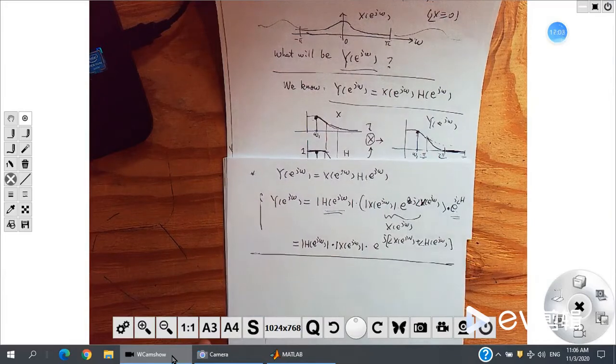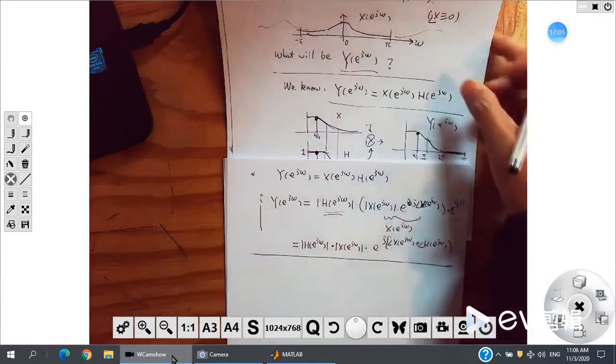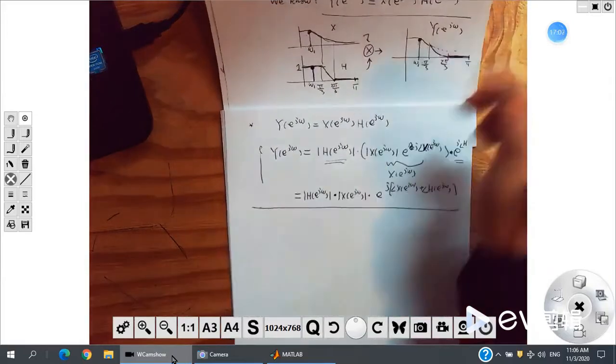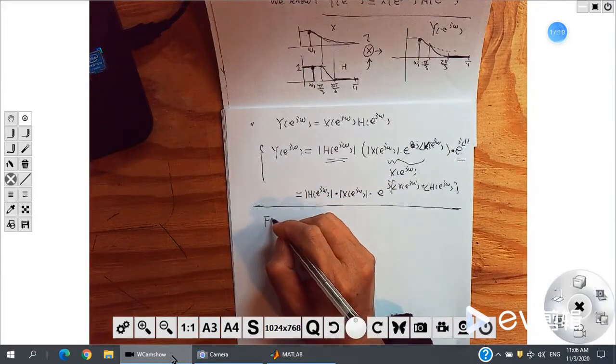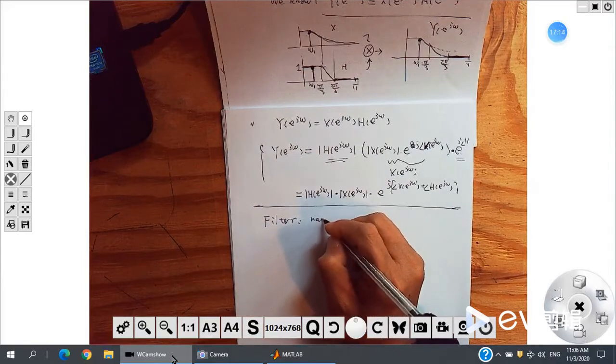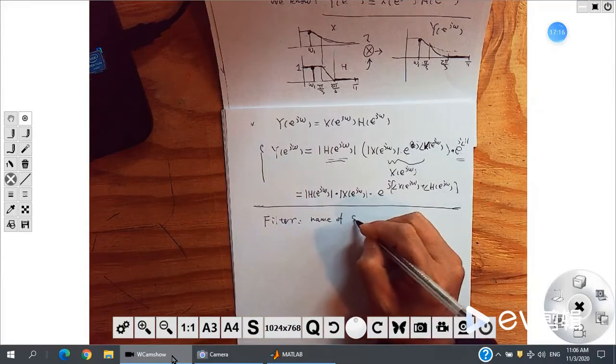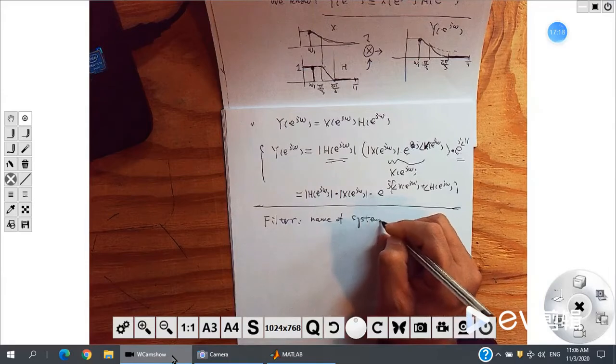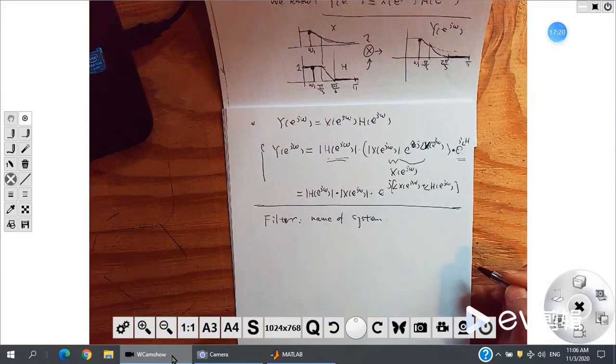This is also the reason why we call a system a filter. Filter is just another name for a system. You can think of it as a kind of nickname. The formal name is a system, and you can also call it a filter.